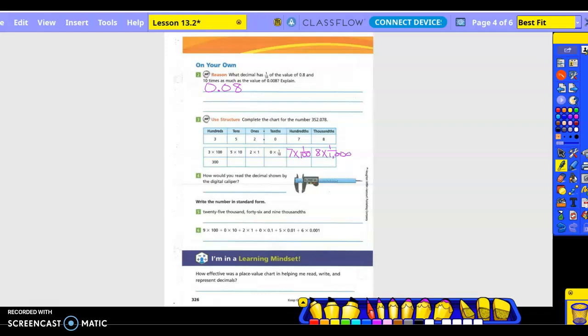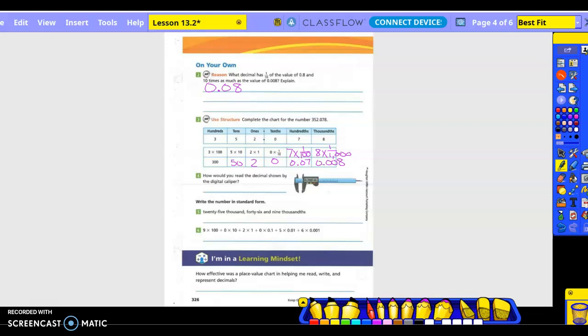So then we're going to go ahead and write it out. So 5 times 10 is 50. 2 times 1 is 2, 0 times 1/10 is 0, 7 times 1/100 is, so I would write 0.07, right? Okay. And then the next one I would write 0.008.